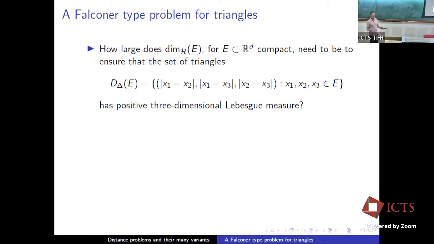So that's not too big of a deal. And so we can ask a similar type of question that Falconer did. How large does a set need to be so that we have lots of triangles? In other words, that the appropriate Lebesgue measure, that is the 3-dimensional Lebesgue measure of this, is positive. So just a direct, immediate analog of Falconer's problem.